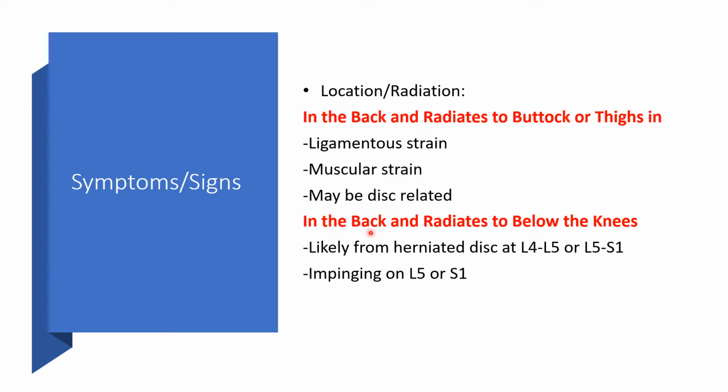If it is located in the back and radiates to below the knees, then it's likely we are dealing with herniated disc at the level of L4 to L5, this is lumbar vertebra, or L5 to S1, impinging on root L5 or S1. That is from the back radiating to below the knees.